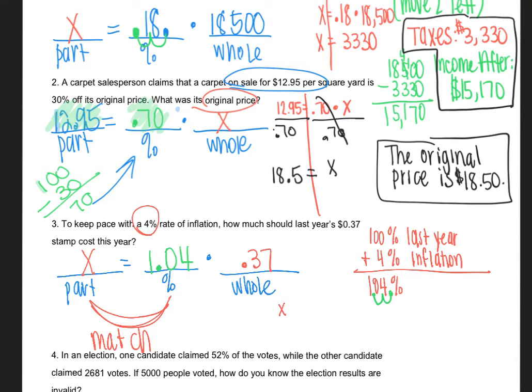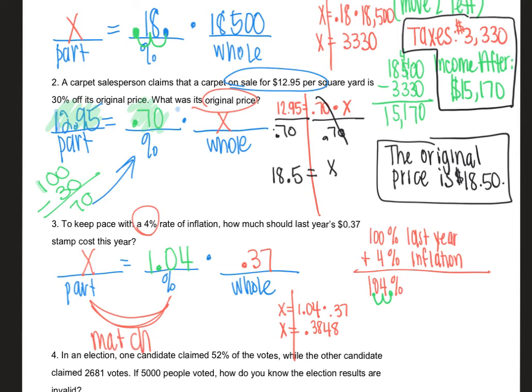Solving this, I get x equals 1.04 times 0.37. Again, since my x is all alone, I'm good. Then I want to do 1.04 times 0.37, and I get 0.3848. Now, because I am in cents already, and this is talking money, I went from 37 cents.